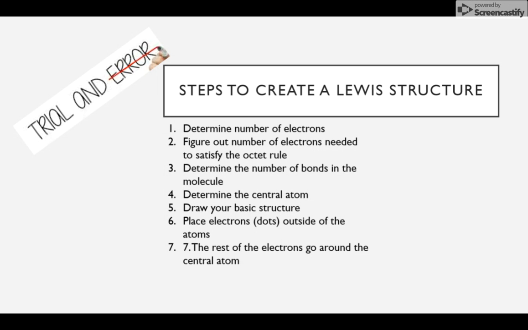And if the electrons aren't adding up on your atoms, then you probably need to go back to number 5 and try and redraw your structure. But once you figure that out and you get all the electrons outside of the atom, then if you have some leftover ones, then they go around the central atom.